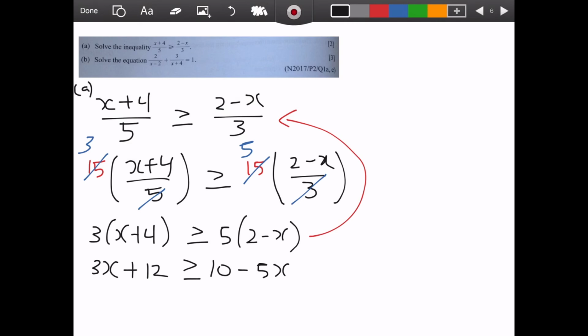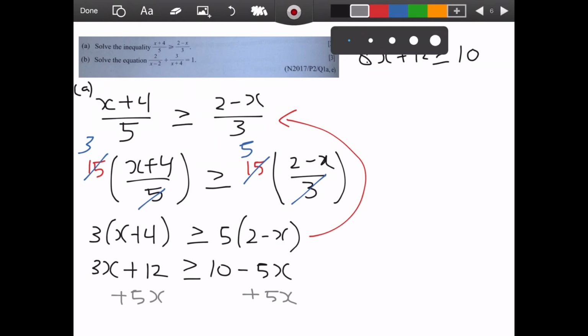Okay, and now you have left and right hand side, and you'd like to simplify it further. What you do is that perhaps you want to have the x on the left hand side. So you add 5x over here, and you also have to add 5x on the right. What you have here is 3x plus 5x is 8x plus 12, and then more than or equal to 10, because minus 5x plus 5x is 0.